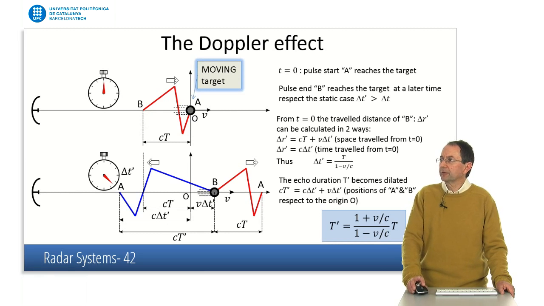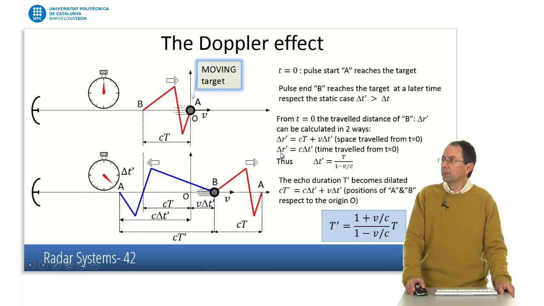We can first measure the distance traveled by the signal from this position at t equal to 0 to this position. This is cT plus v delta t prime, because in delta t prime the target has moved to this position.